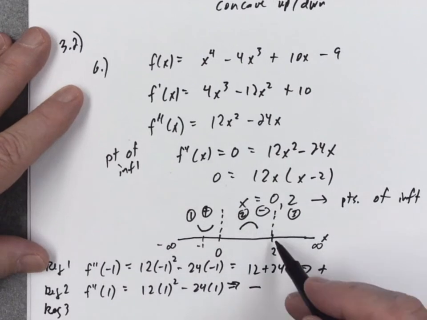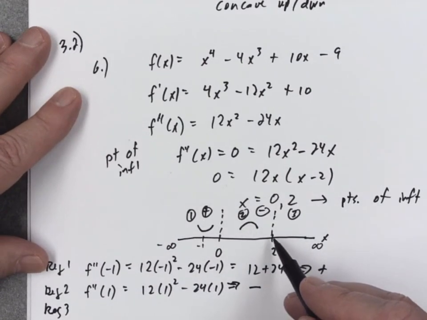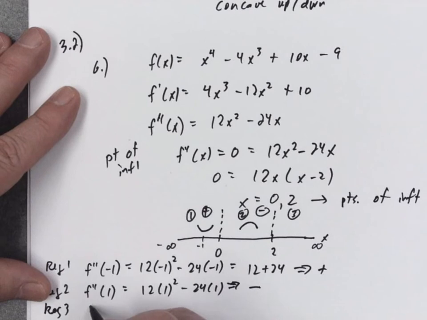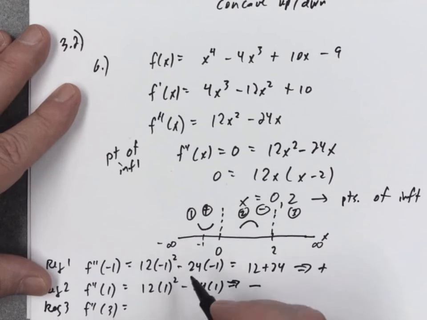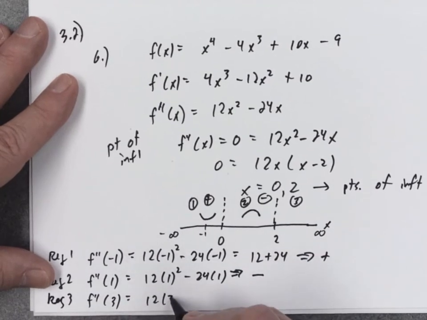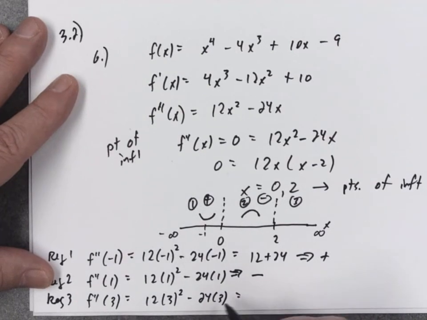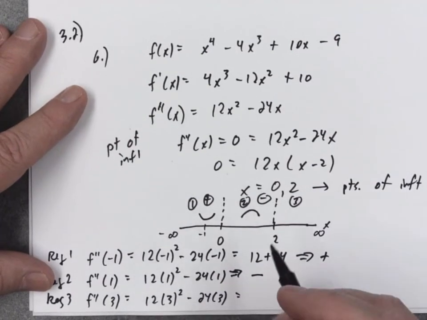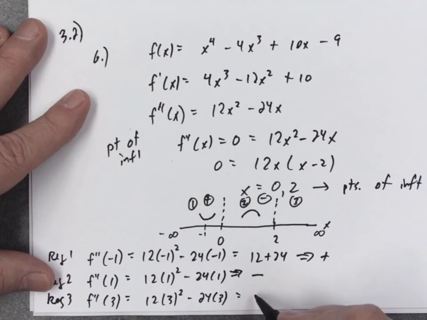And finally, region 3, I need to pick a value of x between 2 and infinity. I'll pick like 3. So I plug in 3 for x in my second derivative equation. So this is 9. 9 times 12, I believe, is 108.